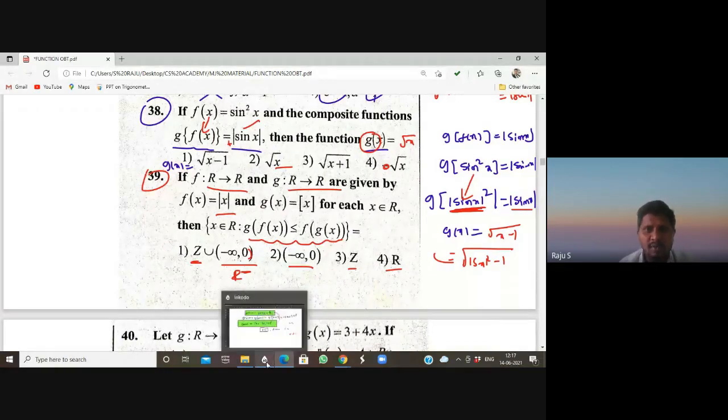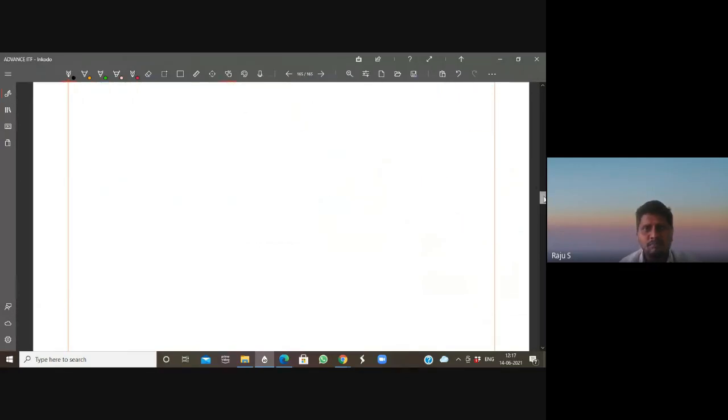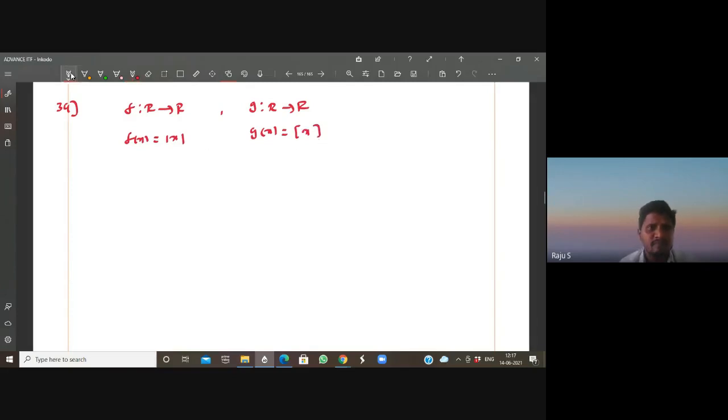I'm going to take the function f defined from where to where? R to R. Question number 39. f from R to R, they gave as f of x is equal to modulus x. g also from R to R, they gave g of x as greatest integer of x.